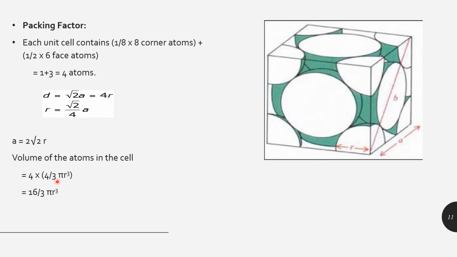So that comes as 16 by 3 pi r cube. Volume of the cube, as the length of one side is a, will be a cube. Substituting a as 2 root 2 R, you get 16 root 2 R cube.